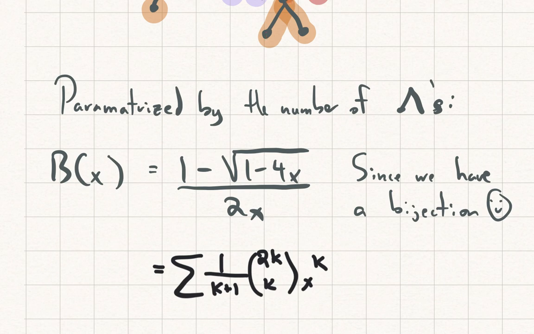Just realize a couple of things: we always start with that root, that one vertex up top, no matter what. And whenever we add a structure, rather than adding one vertex, we add two vertices.